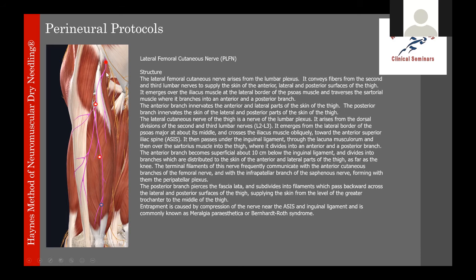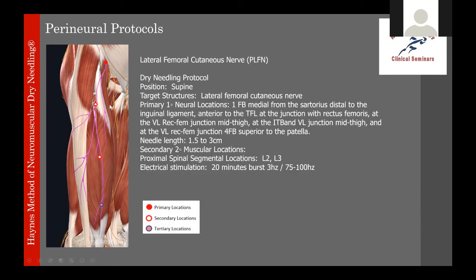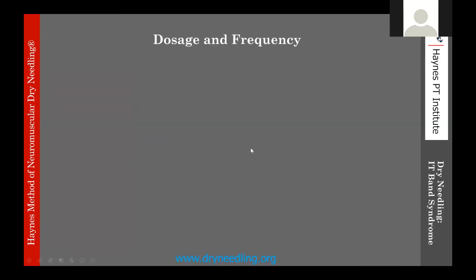Then it's going to take a course really along the bifurcation of, or the valley, if you will, between the VMO and the rec fem as it's coursing right there. And so a lot of times we can just hit that up high right as it's coming out beneath the inguinal ligament right there, and then take 3 or 4 spots on down the course of that nerve as well. And again, just kind of demonstrating the locations there.